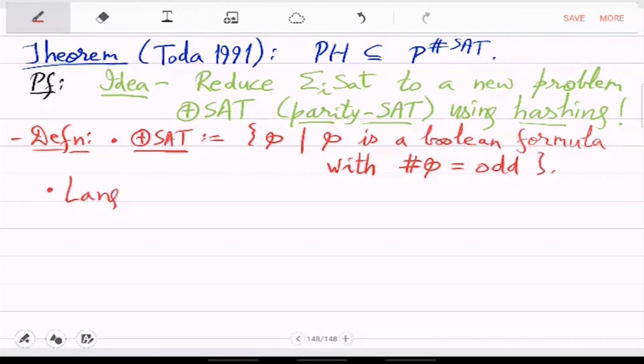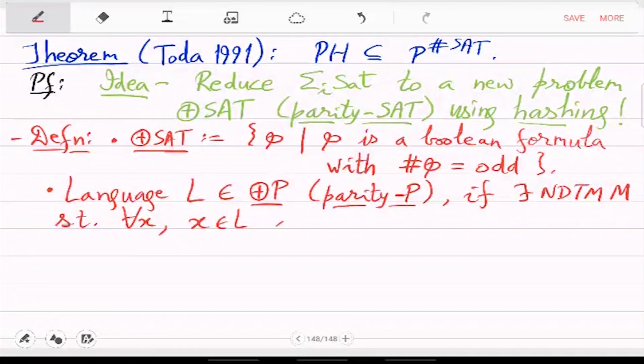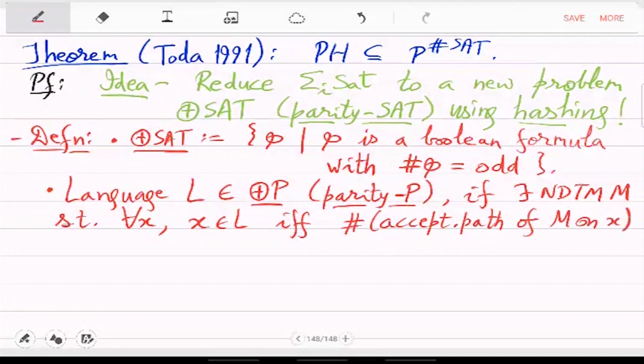And a language L is said to be in parity P complexity class if there exists an NDTM M such that for all input x, x is in L if and only if number of accepting paths of M on x is odd.